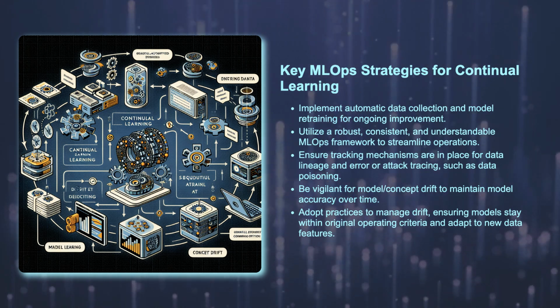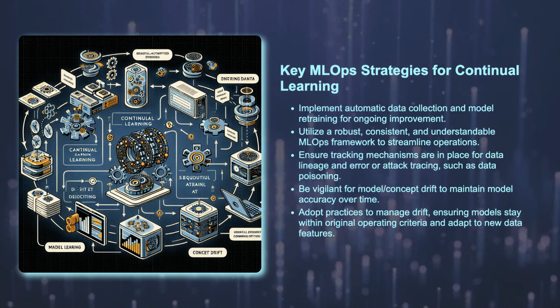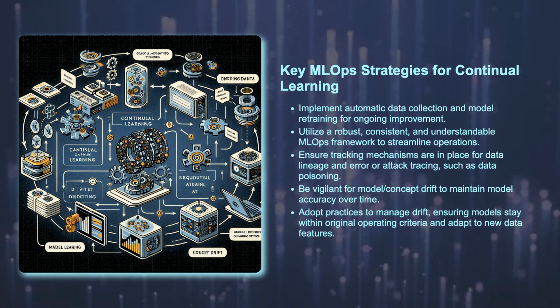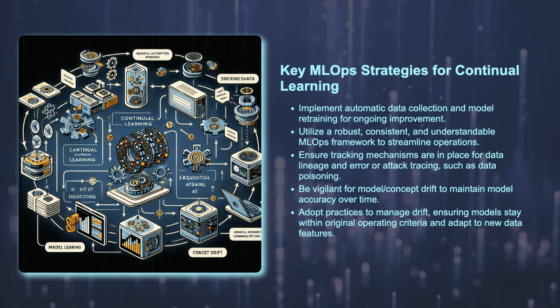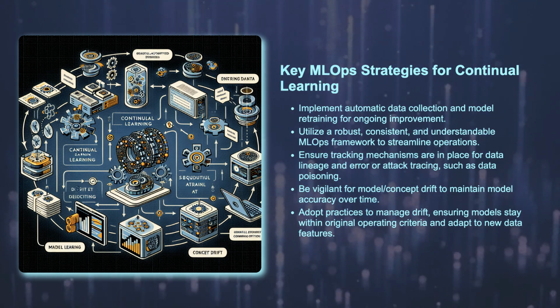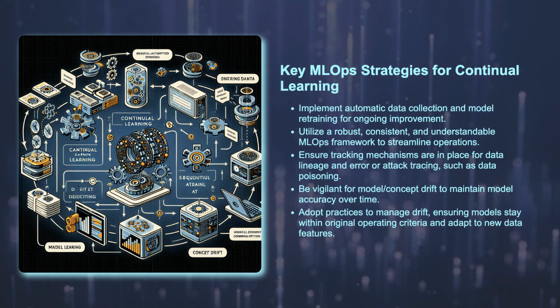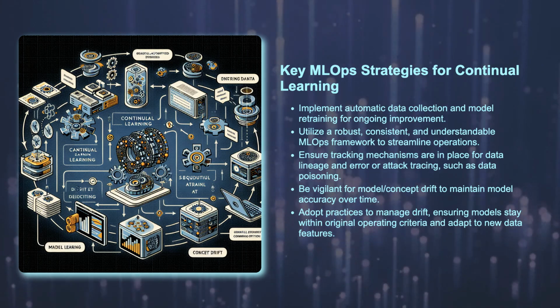It's important to be able to identify and manage model concept drift, where a model may start to adjust its predictions based on new training data that may move outside of the original operating criteria, or a model may begin to degrade as the data changes and exhibits new features or concepts.